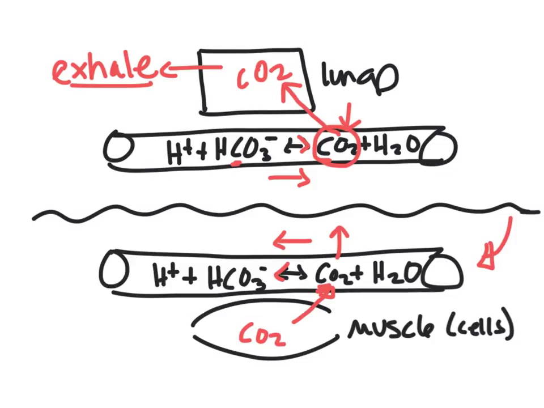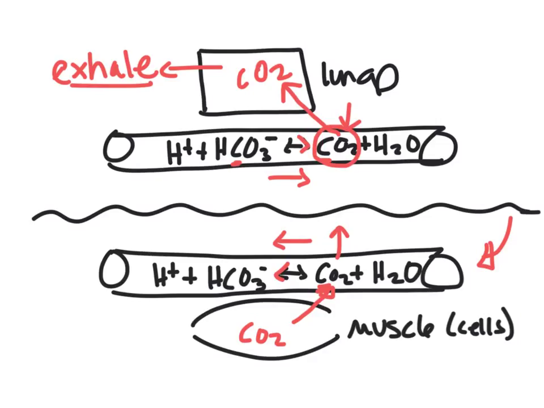In the lungs, it's going to shift right to replace the CO2 that's lost in the lungs. And in the muscle, it's going to shift left to remove some of the CO2 that was formed in the muscle. Now, when you think about this, don't memorize right versus left, because it's actually completely arbitrary that I wrote this equation in this direction.